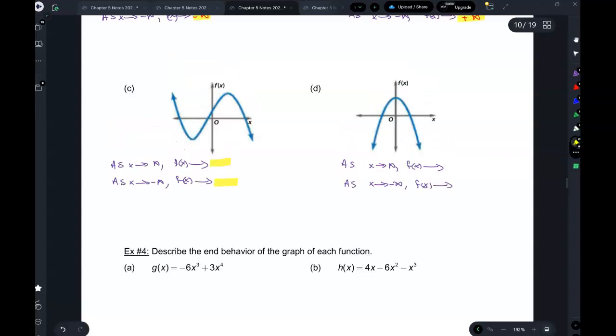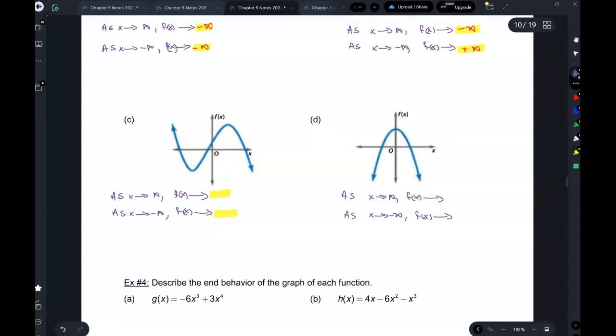So here, what am I going to write for the first one? Okay, let's do this. For the first one here, the top one, who says positive infinity? Who says negative infinity? Good. For the second one, who says positive infinity? Good.